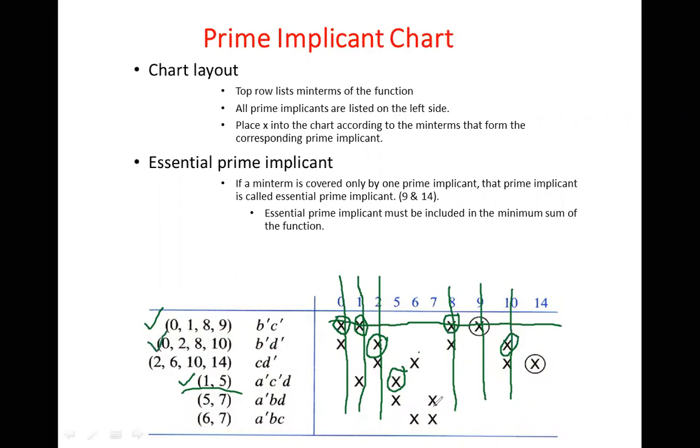Now if I have to cover 6 and 7, I have to also consider this one. So 4 essential prime implicants I am getting. But let us try and see whether some other combination can be used.